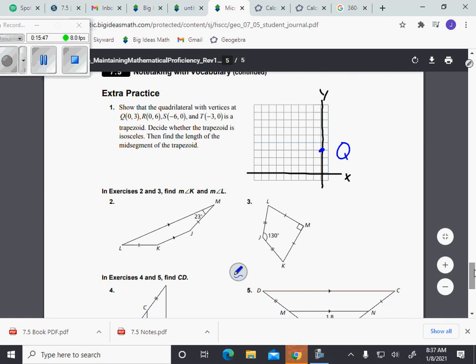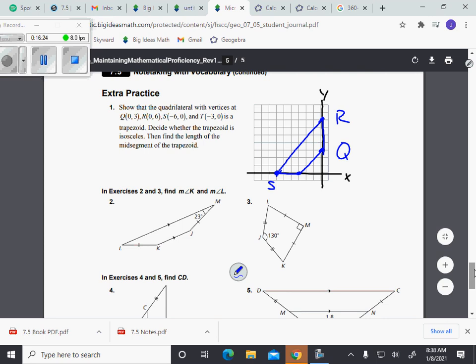R is at 0, 6. Right there, that is R. S is at negative 6, 0. That's S. And T is at negative 3, 0. I'll rewrite that other side there.